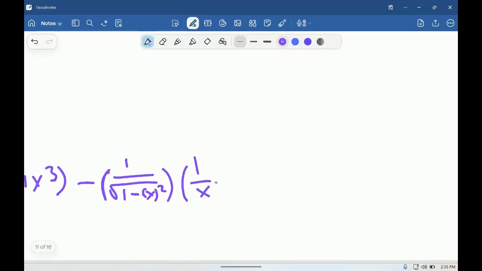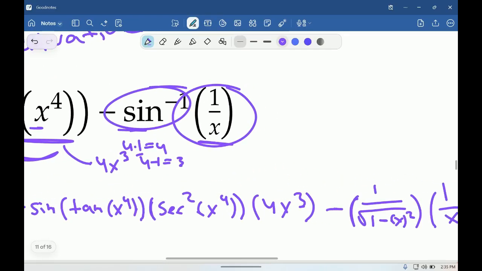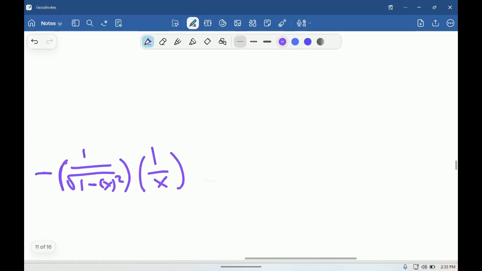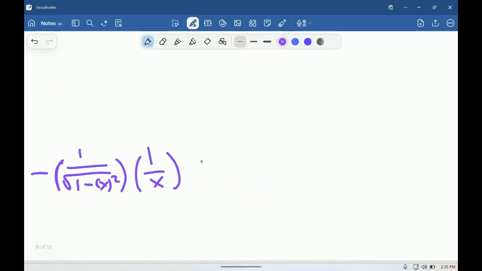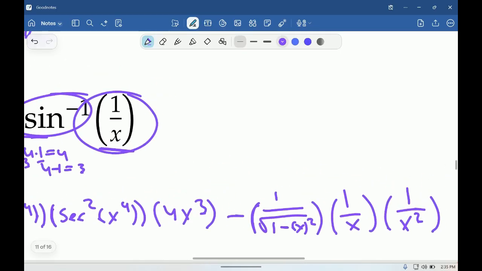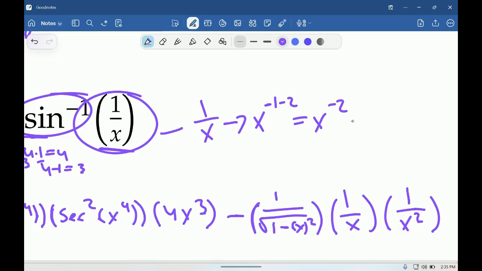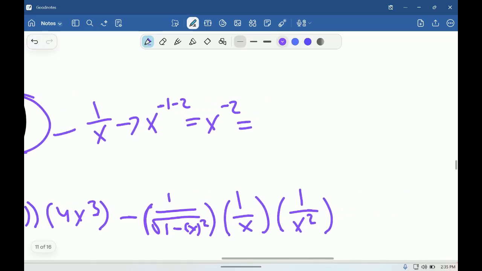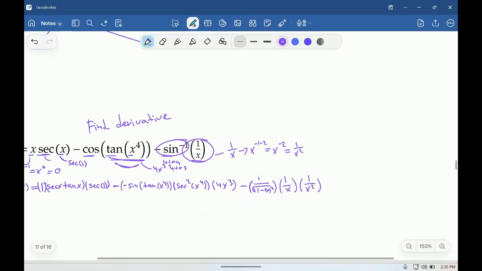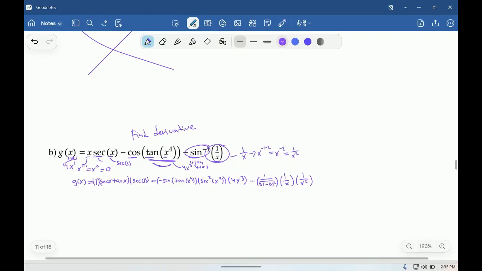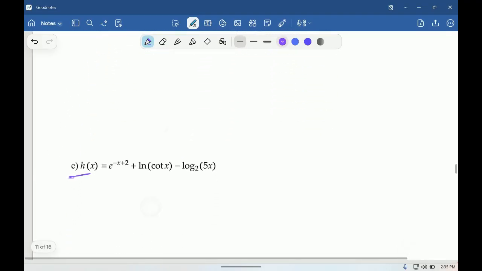So we're going to put 1 over x, and then we need to know the derivative for 1 over x, which is going to be 1 over x squared, because 1 over x transformed is going to be x to the negative 1, minus 1 is x to the negative 2, and then rewritten is going to be 1 over x squared. And this should be it for our first problem.